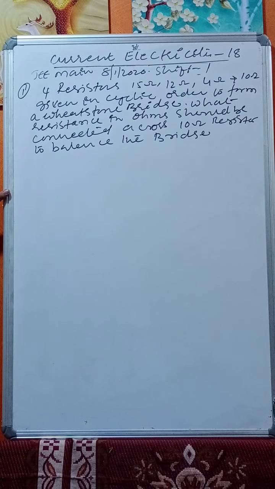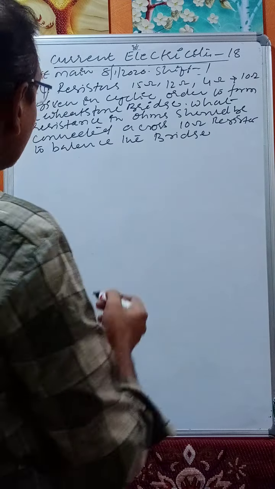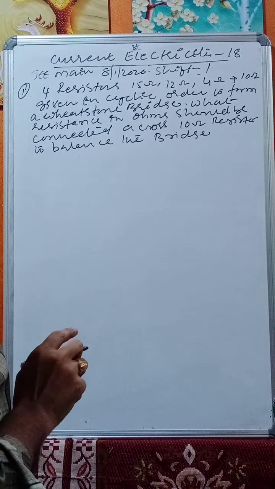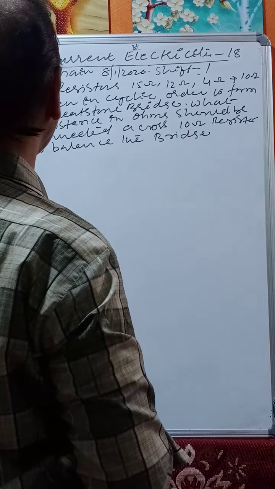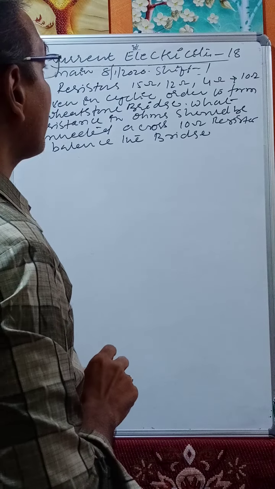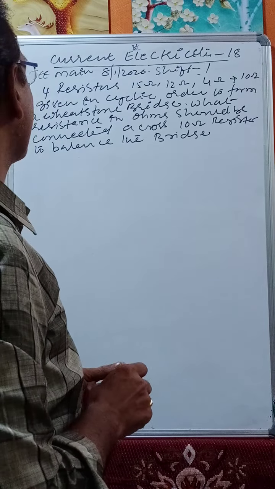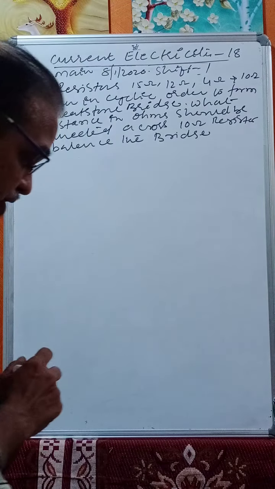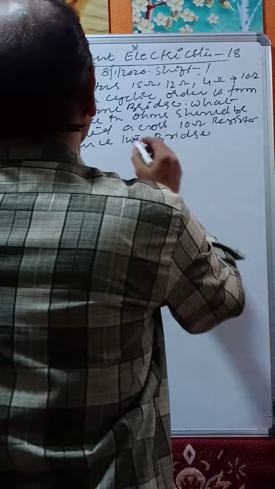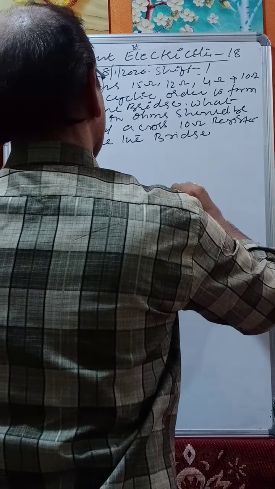That is the question. 4 resistors, 15 ohms, 12 ohms, 4 ohms, 10 ohms given in cyclic order to form a Wheatstone bridge. What resistance in ohms should be connected across a 10 ohm resistor to balance the Wheatstone bridge?